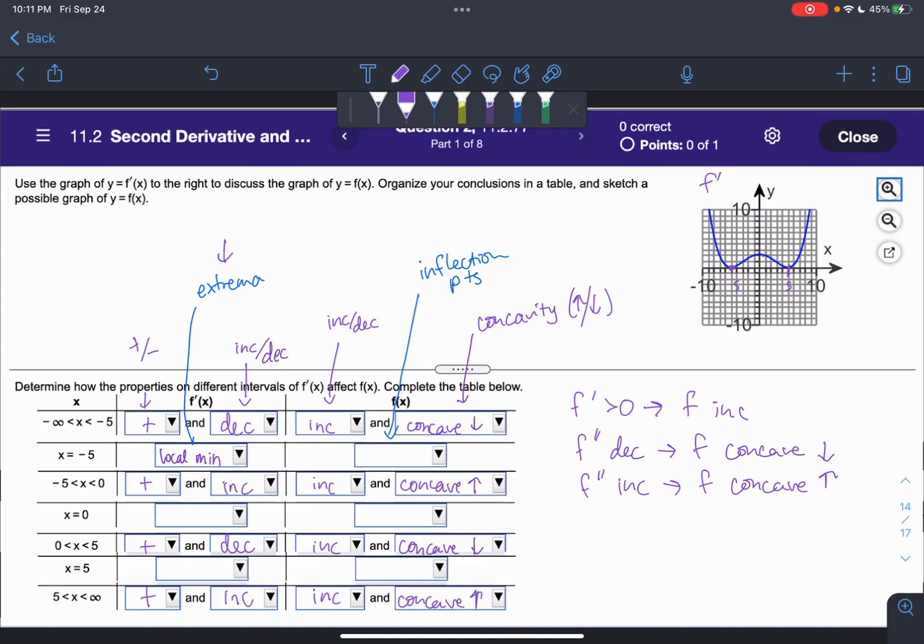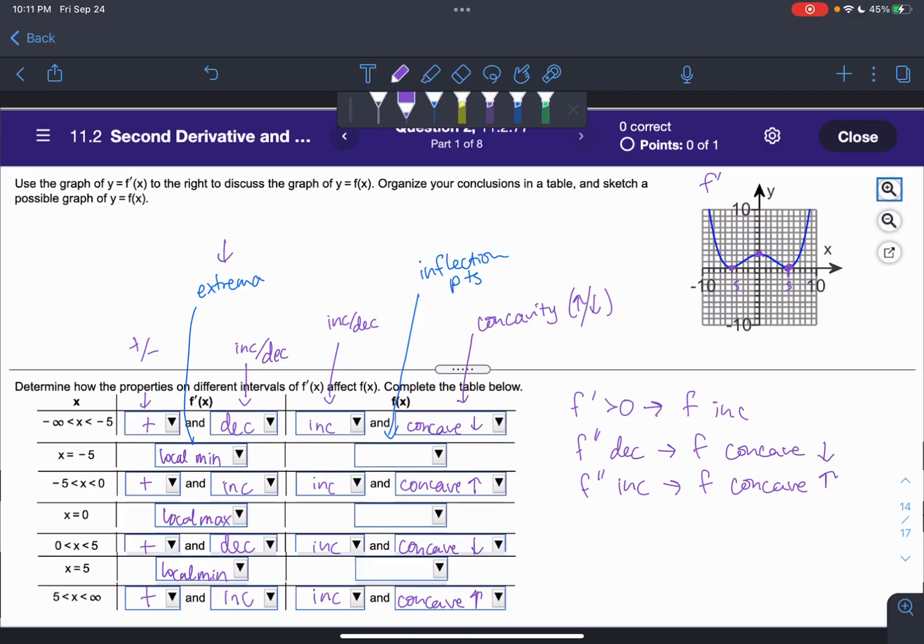And let's look at x equals 0. That's a local max on our graph of f prime. And then again, 5 is going to be a local minimum of f prime.